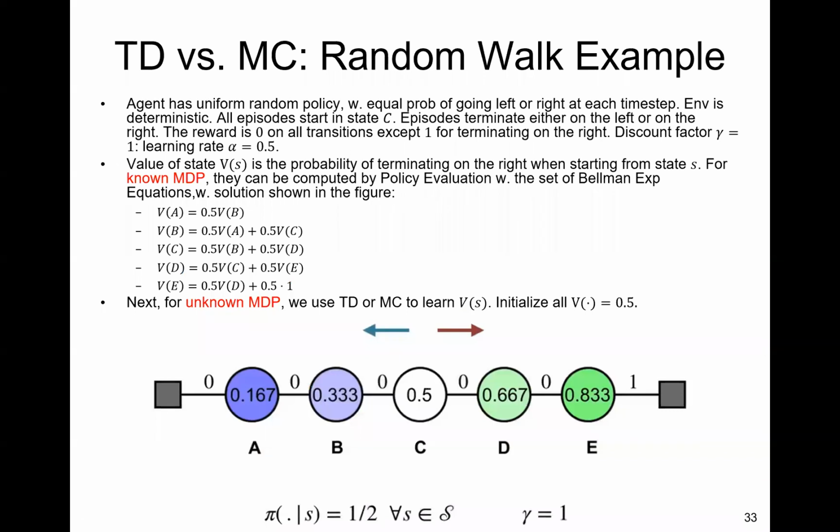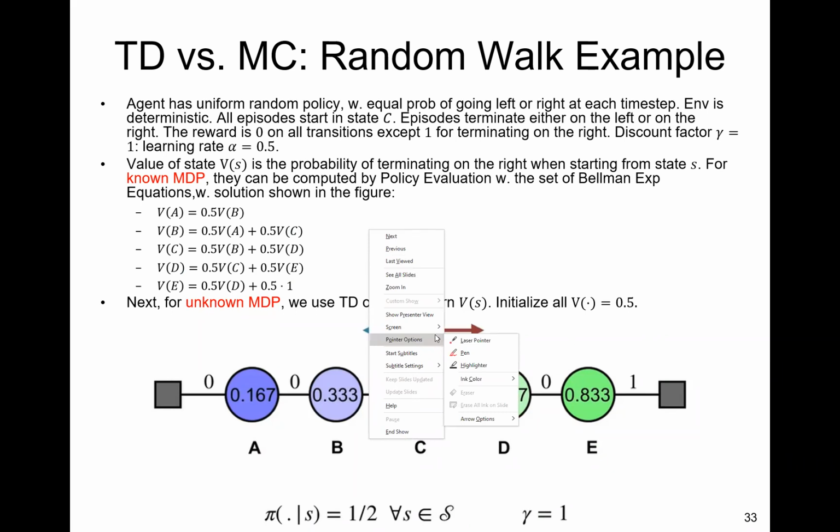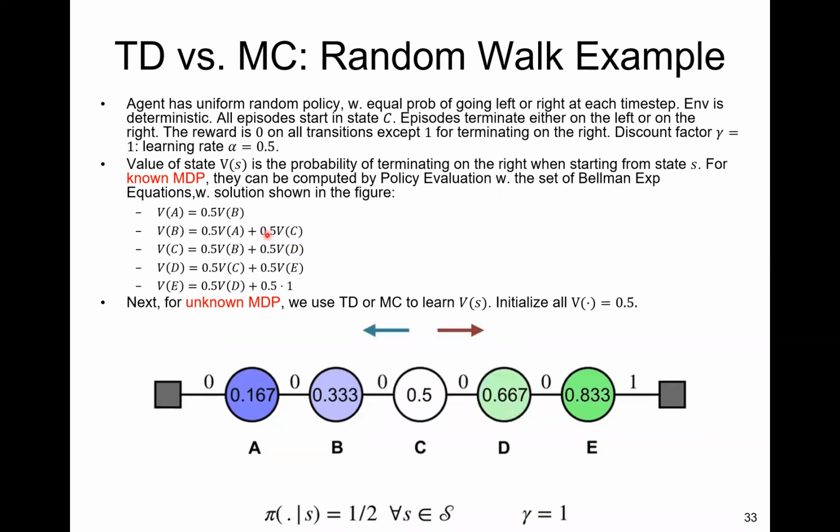So this is the random walk example. So this is the formula, the value Bellman equations for policy evaluation of a random policy, if you know the MDP, so that is the transition and reward for every action.